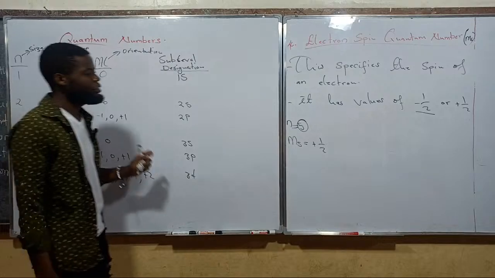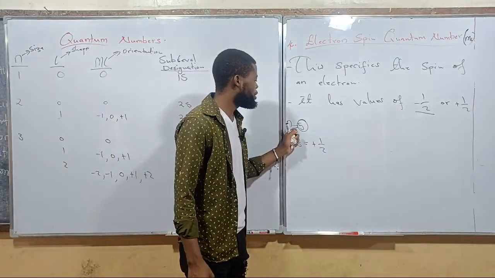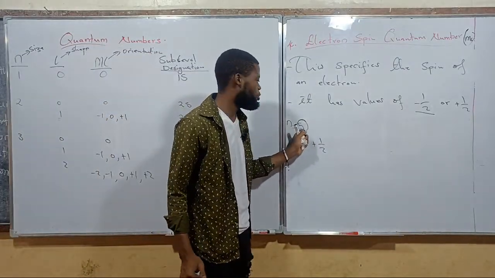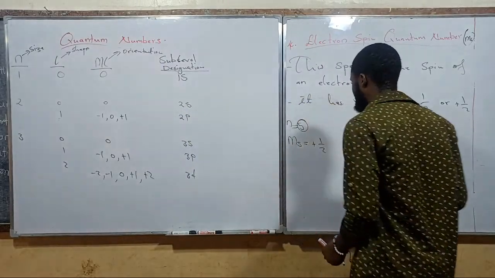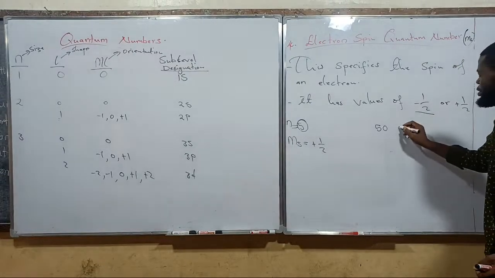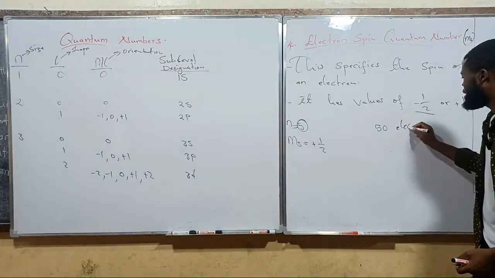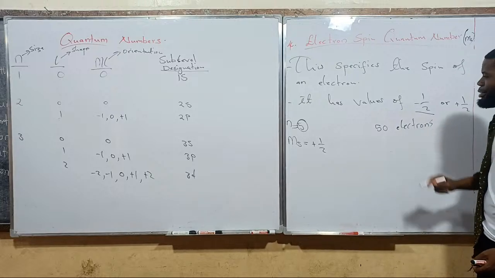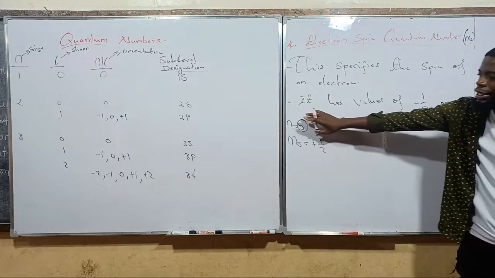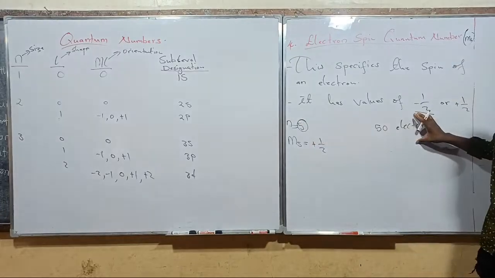The maximum number of electrons this principal quantum number of size 5 can hold will be 50 electrons. I'll show you how I got that in a moment.